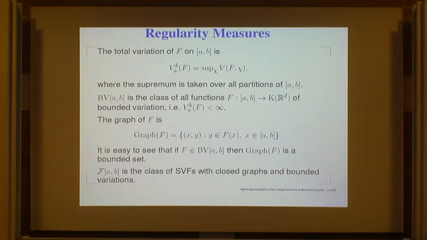In our setup, we also want that the graph is closed. So we consider the class of set-valued functions with closed graph and bounded variation. And in this case, since the graph is a bounded set, actually I could have written here compact graph, at least on a finite interval. So it's a little bit more here, closed graph. Okay, so this is the basic class of functions we work with.